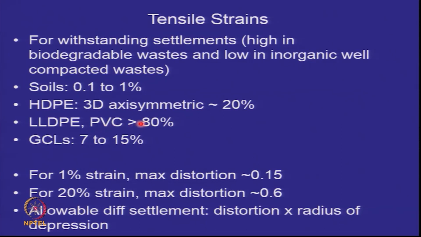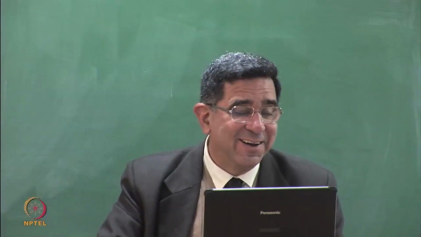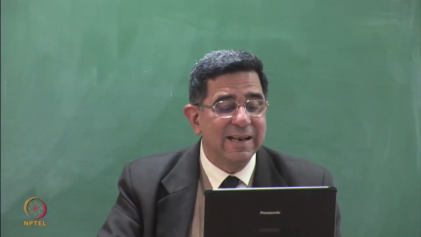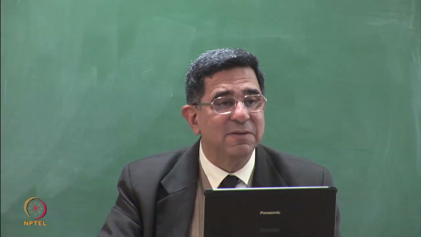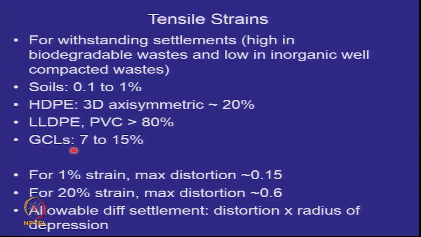There are some chemicals which will affect them. So HDPE in the liners, but if you are going to have large craters forming on your landfill, then these are having 80%. And geosynthetic clay liner manufacturers claim that they are better than soils. This is 1%, they can take 7 to 15% strains, right?